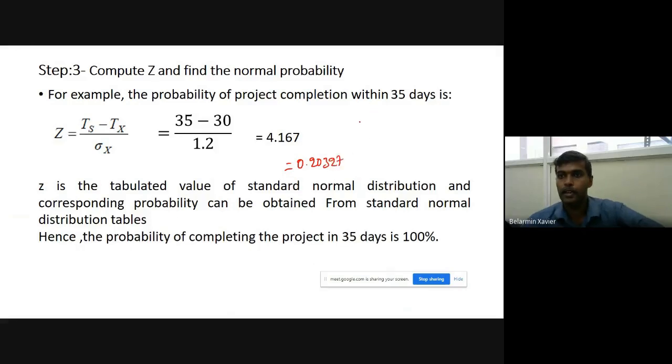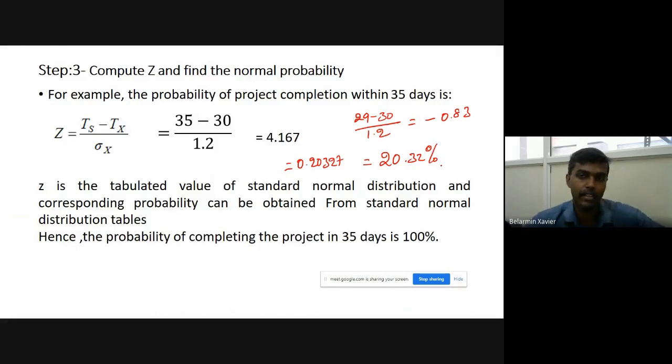So if I try to complete this particular activity in 29 days, the value obtained is minus 0.83. For this minus 0.83, the probability value is 0.2032. If you make it a percentage, it will give you a 20.32% chance of completion. Got it?